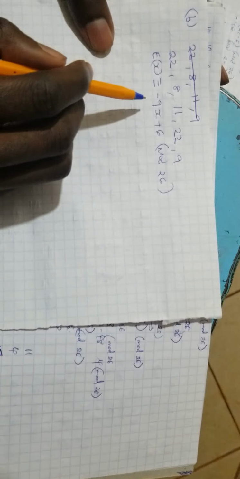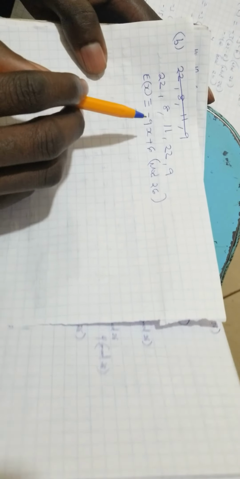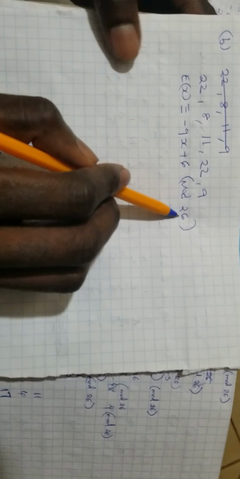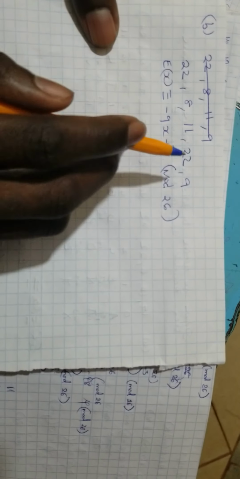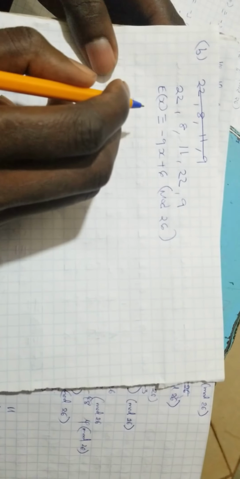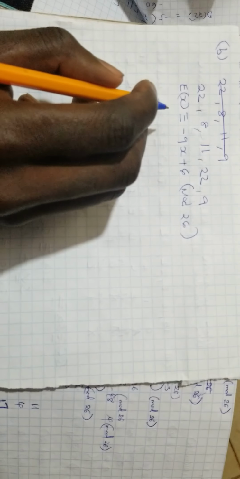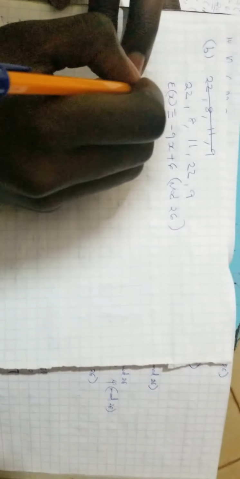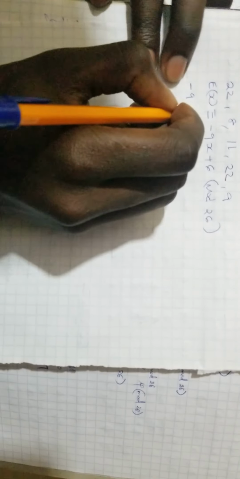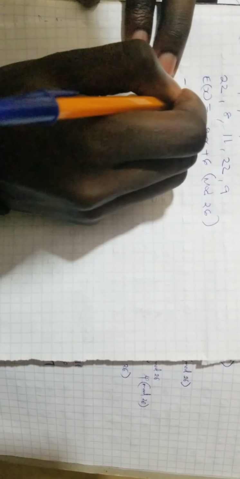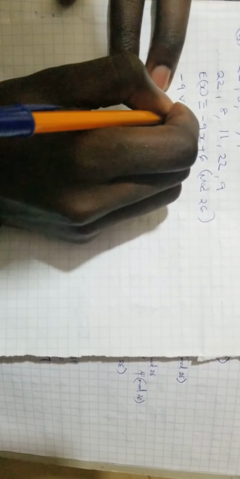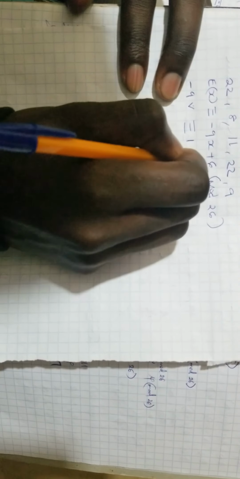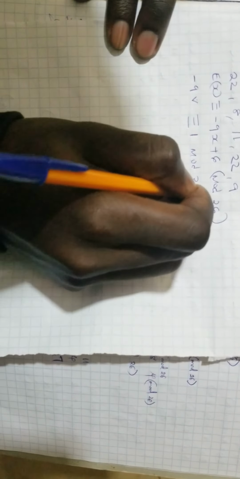Because 9 and 26 are coprime, they have an HCF of 1, so we apply the multiplicative inverse. We look for a number v such that negative 9v is congruent to 1 mod 26.